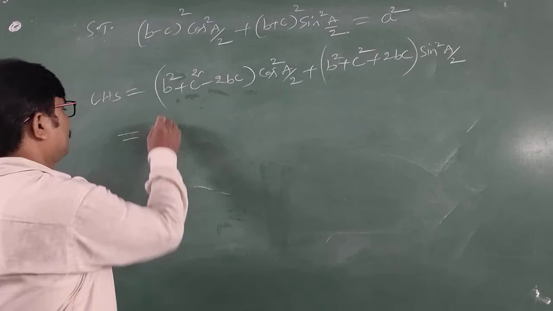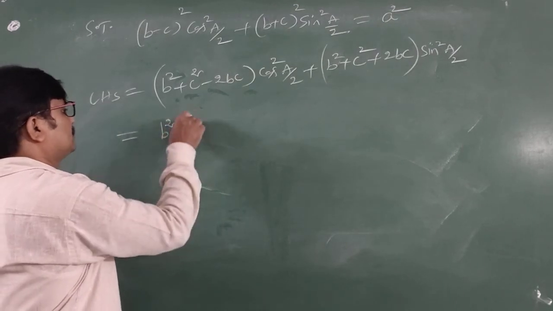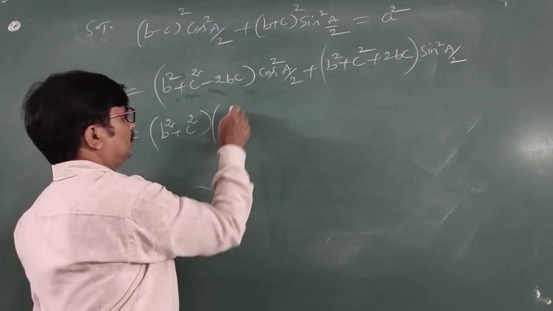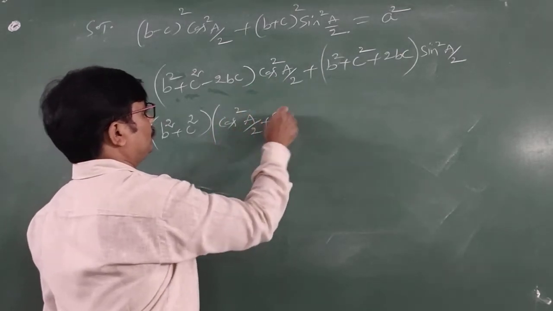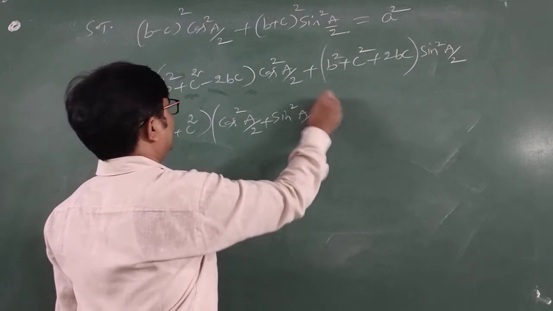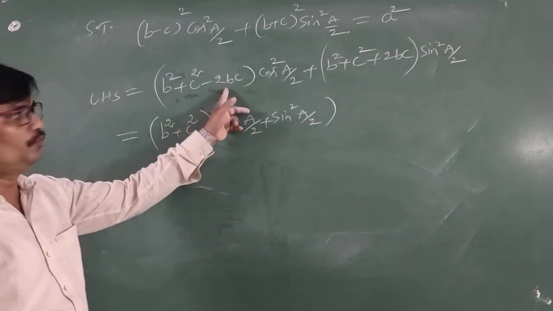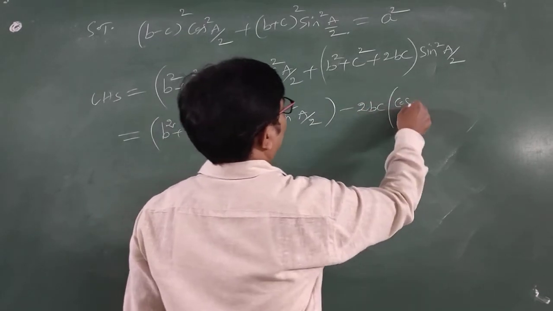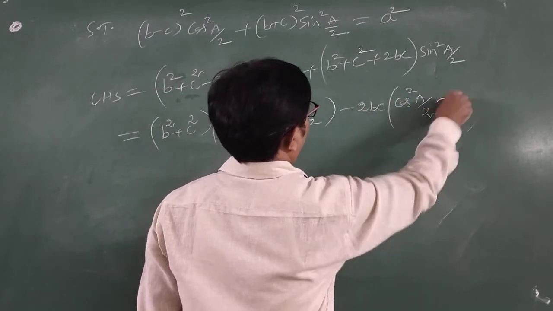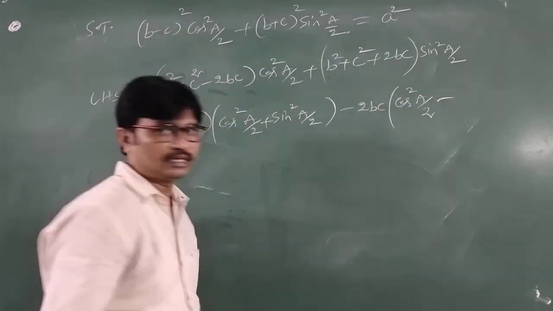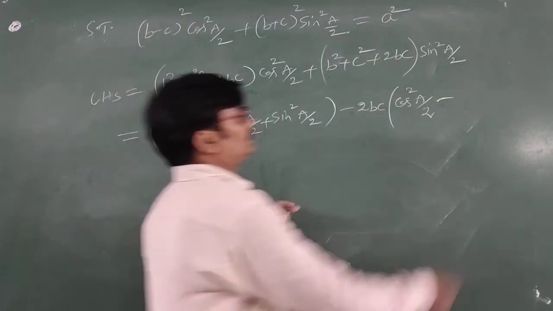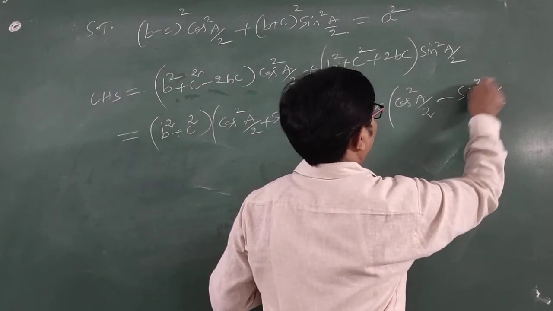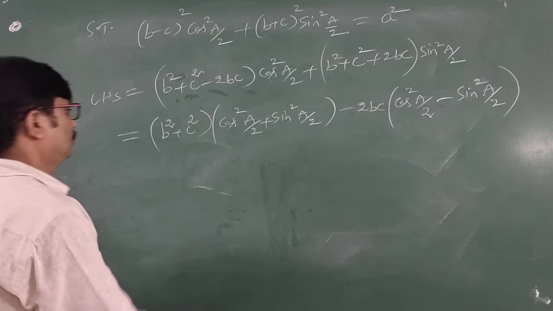So students, b square plus c square, what is the common? Cos square A by 2 plus sin square A by 2. Now minus 2bc is the common, students, minus of 2bc into cos square A by 2, and plus 2bc is the common with sin square A by 2. Now students, what is here?